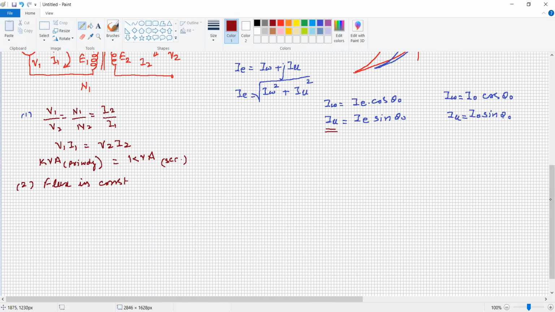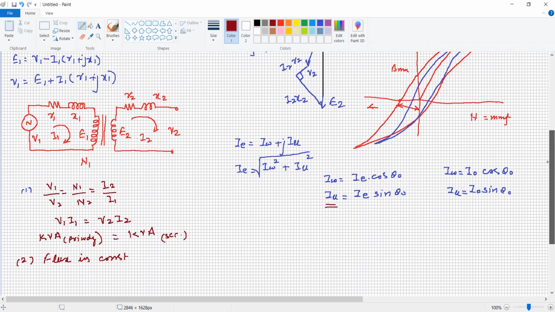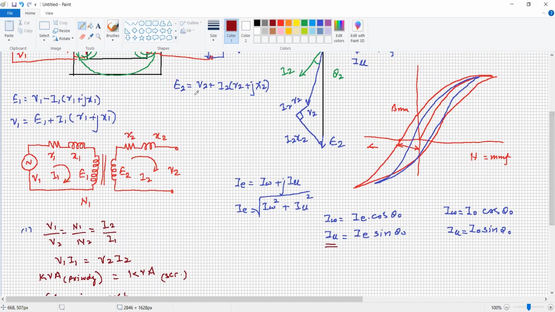Because of this, the voltage equations are E2 is equal to V2 plus I2 into (R2 plus jX2), and V1 is equal to E1 plus I1 into (R1 plus jX1).